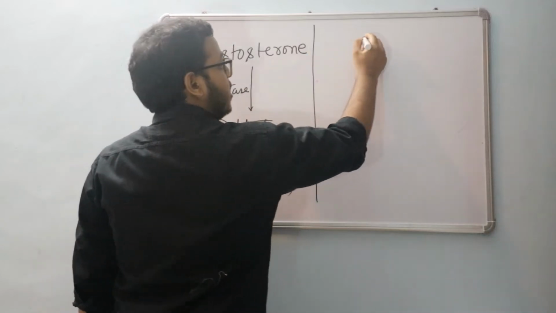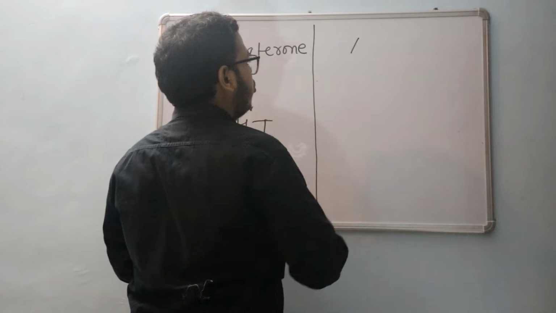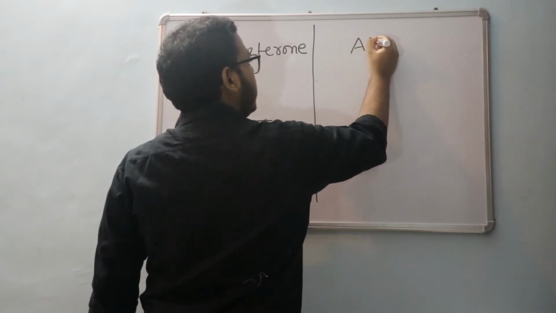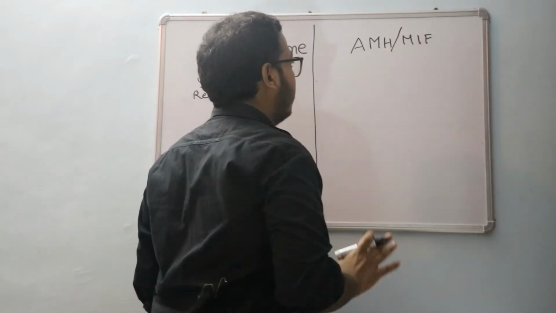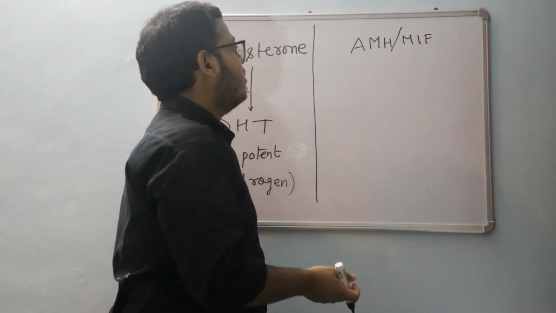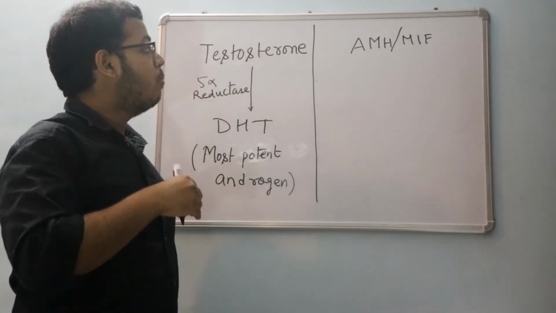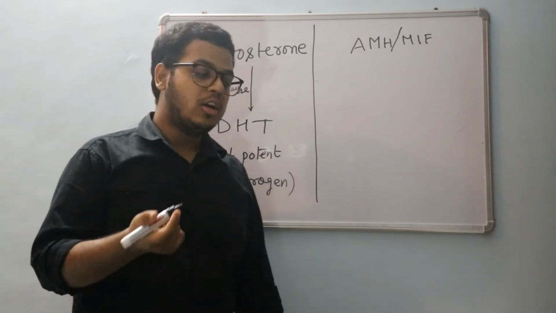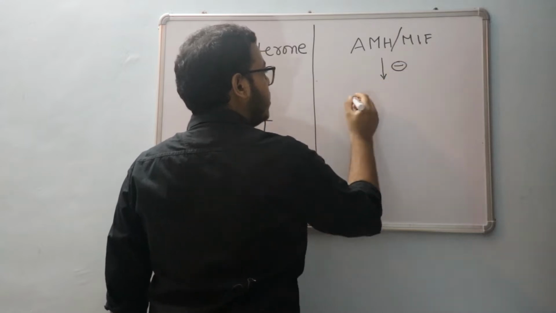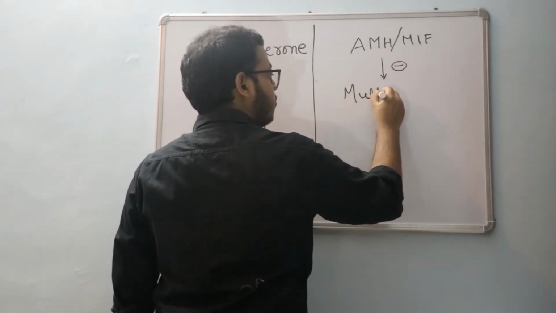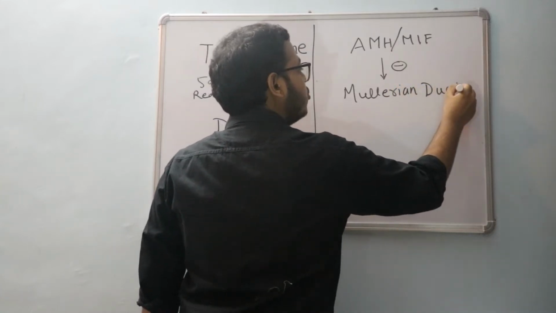Next, what is the function of the AMH? Anti-Mullerian hormone, which, as I have already told, is also known as the Mullerian inhibitory factor. The name itself suggests what it will do: it inhibits the Mullerian duct.